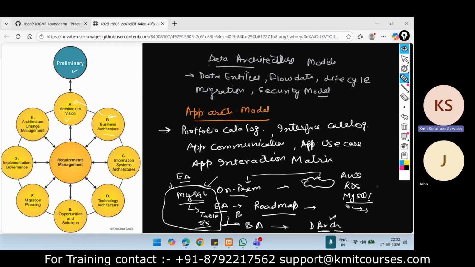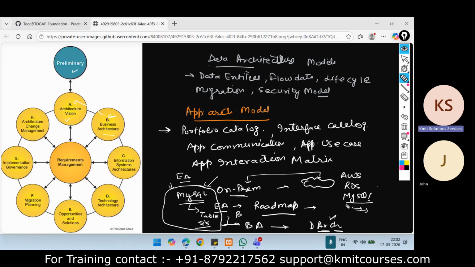What kind of penetration testing you will do, how the web server logs are to be analyzed, whether we need to use Splunk or, for example, Dynatrace, and how to raise incidents.